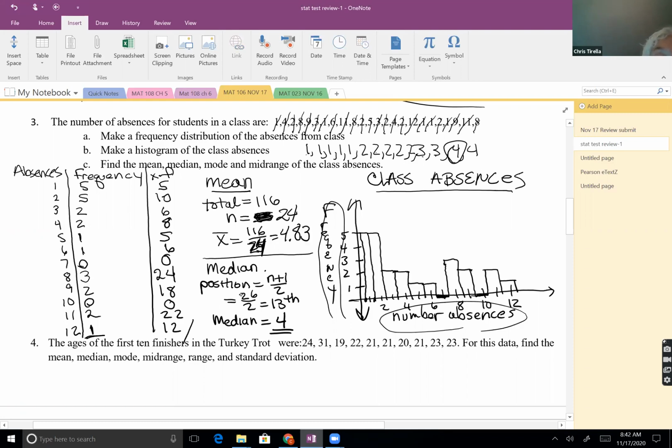And then my position would be 25 divided by 2, which would be halfway between the 12th and 13th. 1, 2, 3, 4, 5, 6, 7, 8, 9, 10, 11, 12. Halfway between the 12th and 13th would instead make the median 3.5. Sorry about that. Thank you for correcting me.